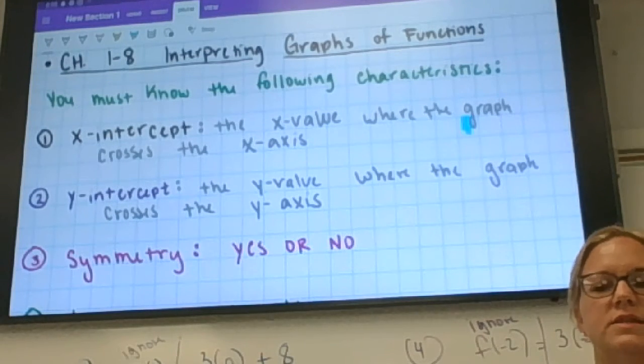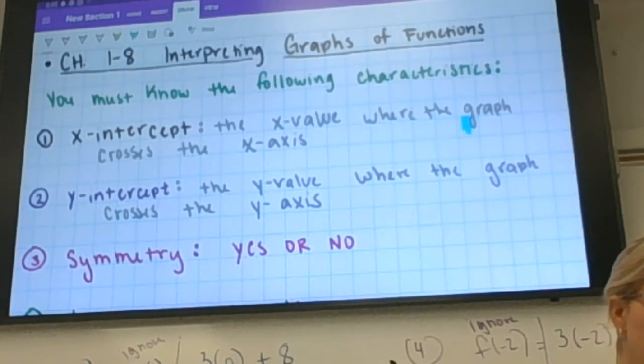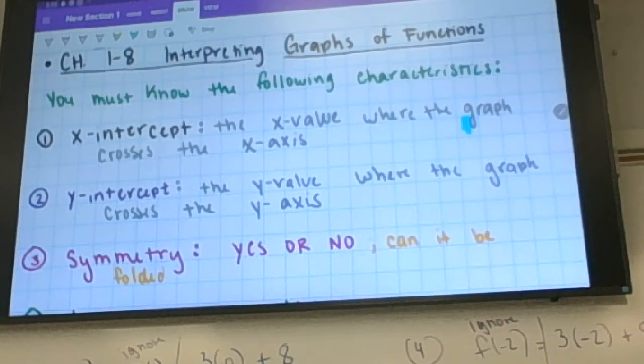Symmetry. Does a graph have symmetry? Can it be folded in half? That is what you're answering here. Not all graphs can. We're gonna answer that: can it be folded in half? And I'm gonna go ahead and say vertically.